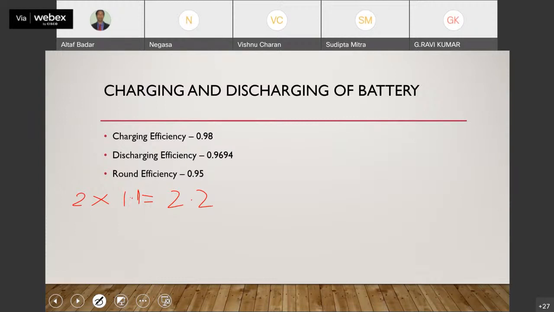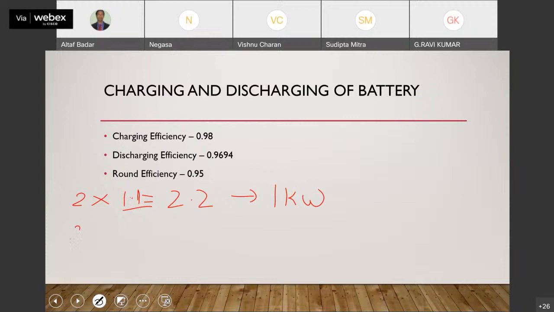Now, one more very important thing: even though I have used 1.1 unit, the charge on the battery is 1 unit only. Now when I discharge the battery for supplying load at my house, I will be saving this much amount. So how much do I save?